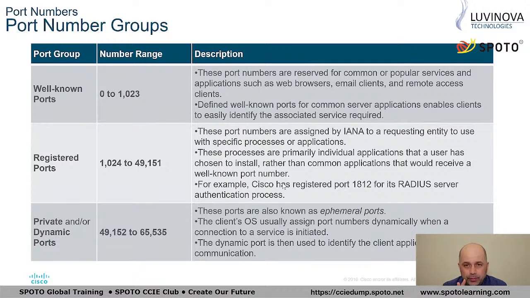Port number groups. In total, we have around 65,000 ports. From those 65,000, around 1,024 ports are well-known ports and they are predefined, which means they are not changing. Each application has its own port for communication.